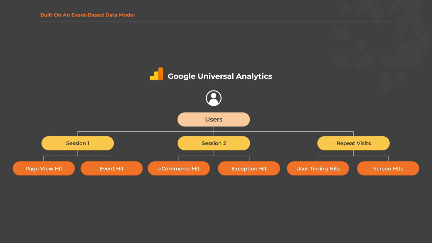Hits are predefined in Universal Analytics and consist of page view hits, event hits, e-commerce hits, exception hits, user timing hits, and screen hits, like for apps. So opportunities to customize tracking of user behavior are limited due to it being hit-based. UA consequently relies on cookies to store and recall user interactions and transfer them into sessions, repeat visits, etc.